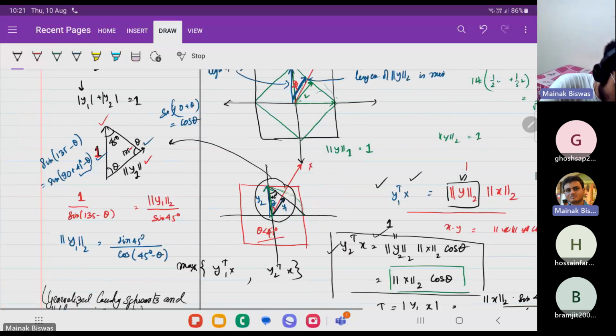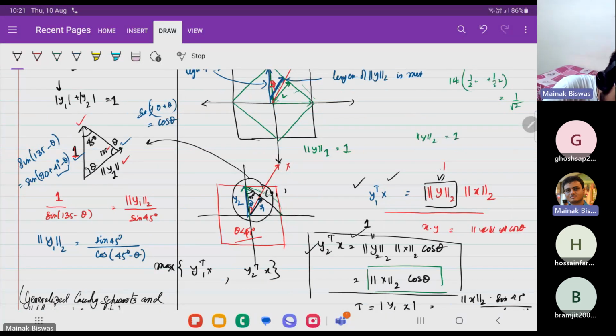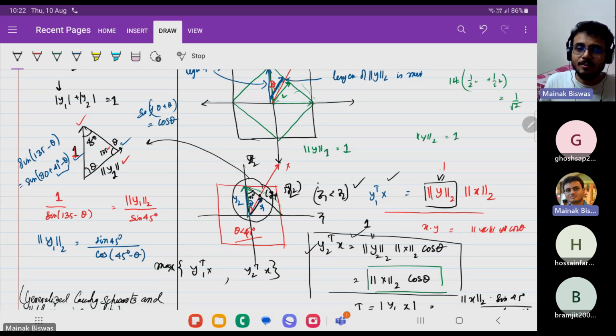So this was close to your y1, y2. Again, I'm mixing up y's. Forgive me for that. So z1, z2. Z1 was less than Z2, and you ended up picking which one?